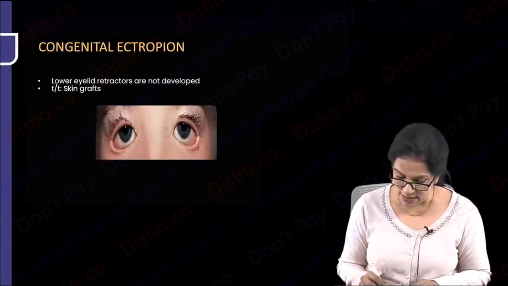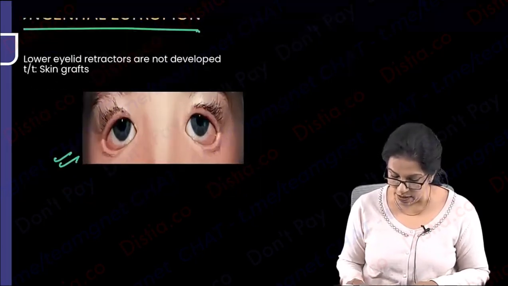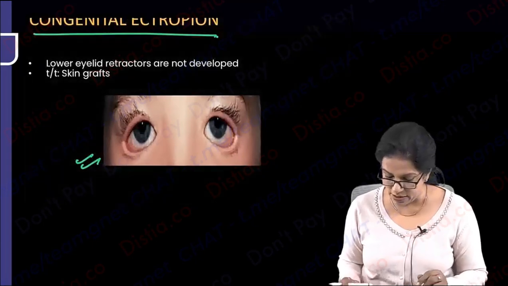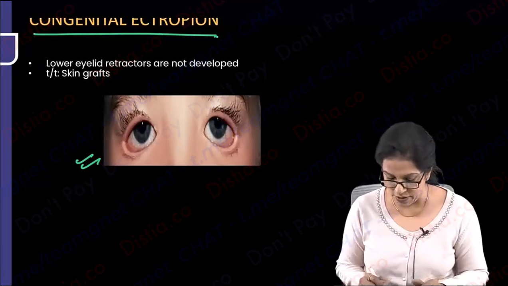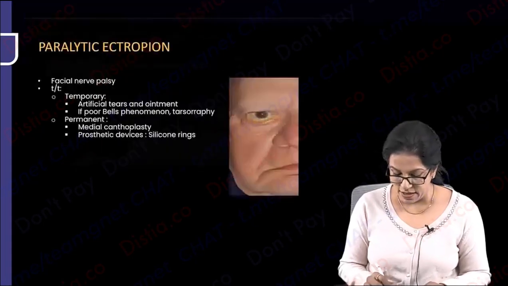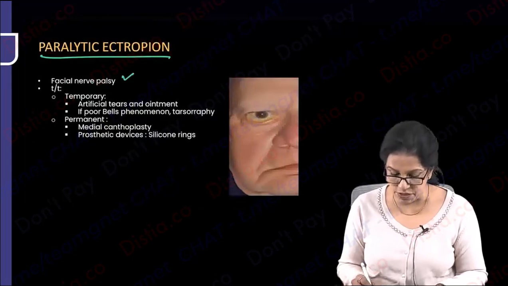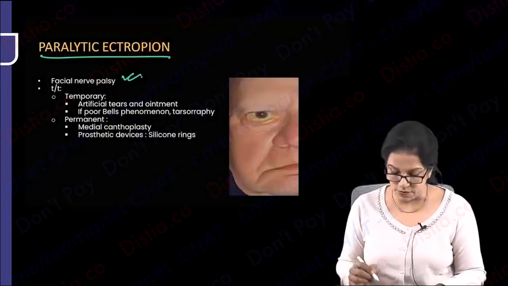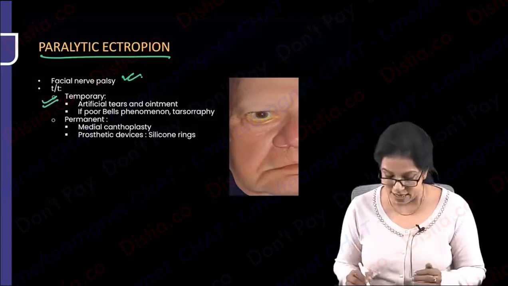What is next? Next is your congenital ectropion. I told you it is a rare condition where the lower lid retractors are not formed, as a part of blepharophimosis syndrome. We are doing skin grafts here. Coming to paralytic ectropion, paralytic means part of facial nerve palsy. So again you have to treat accordingly to see that there is no exposure keratopathy as well.